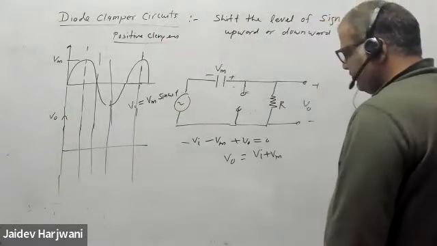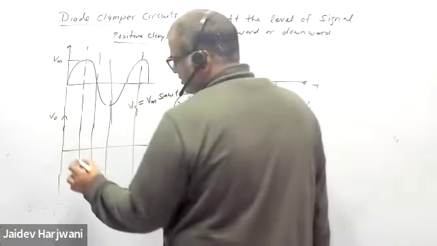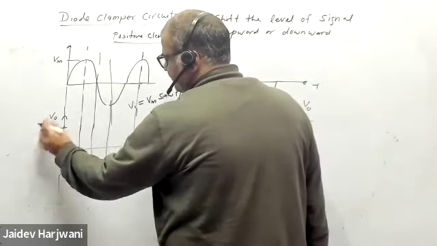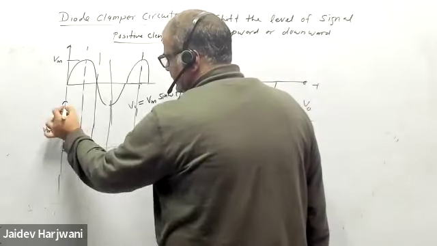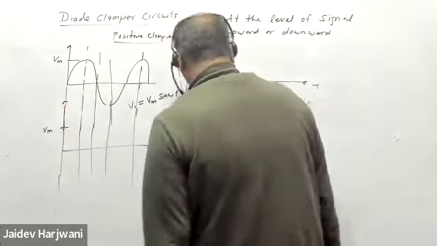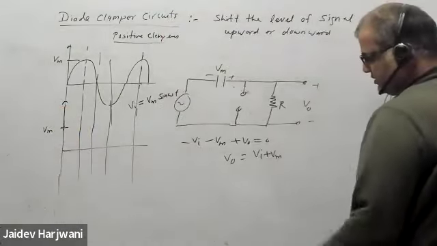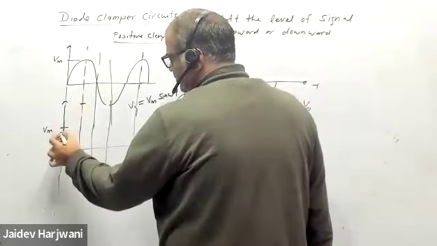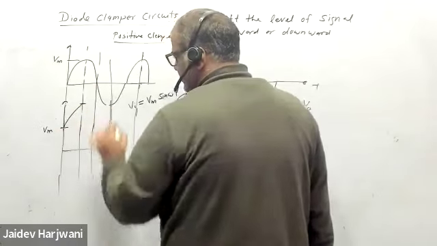When V input is 0, V output is VM. Maximum VM. When V input is VM, it goes to 2 VM. So start like this.